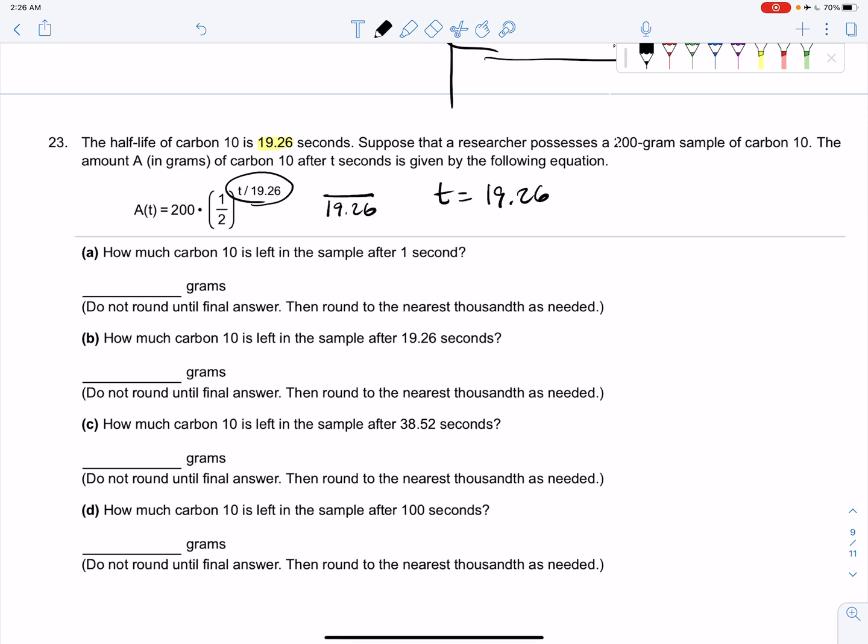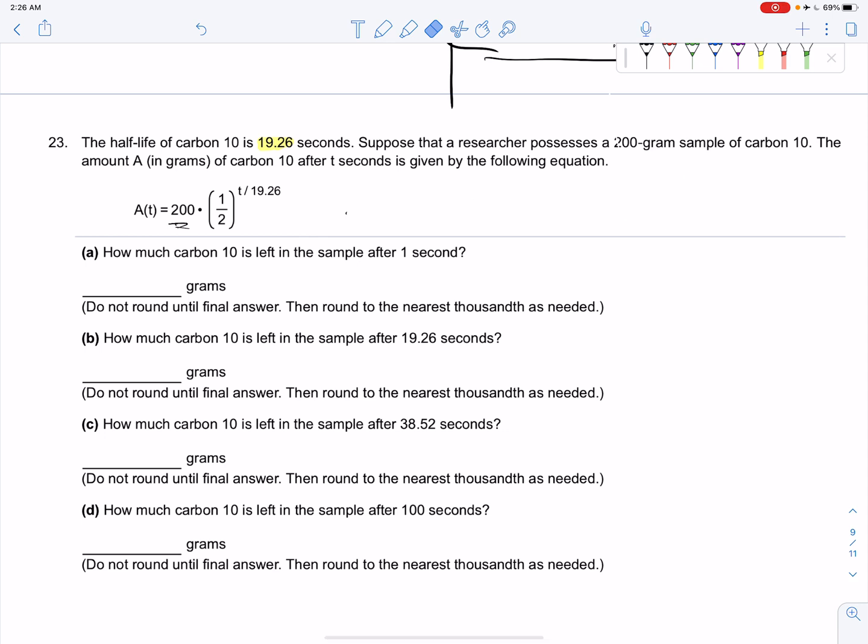So when t equals 19.26, what is 19.26 divided by 19.26? It's 1. That means we have a half raised to the first power, which is just a half, and then that gets multiplied by the starting amount, 200, and it gets halved. That's how that formula works.